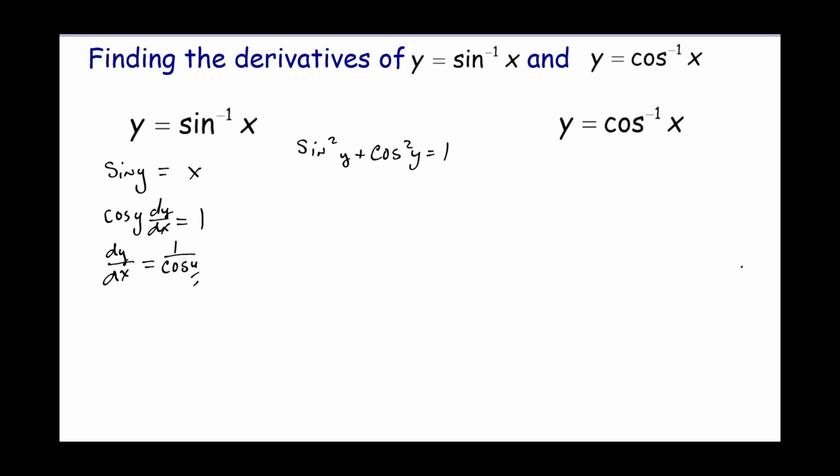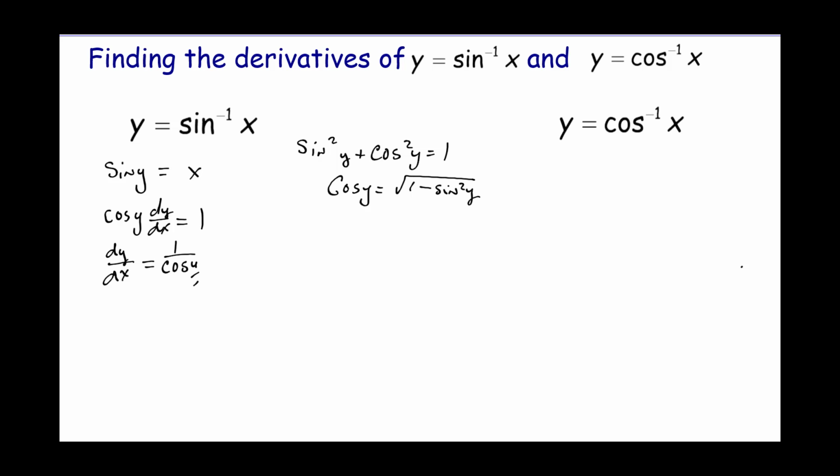This is just a basic standard Pythagorean identity. So that allows us to solve for cosine y. And if we do that correctly, we'll get cosine y equals the square root of 1 minus sine squared y.